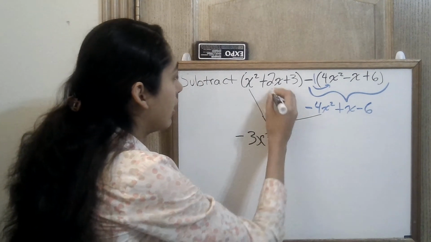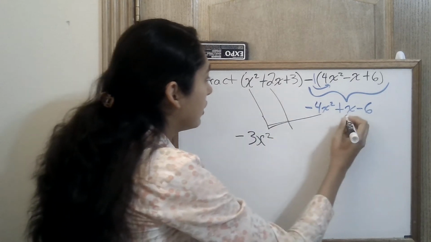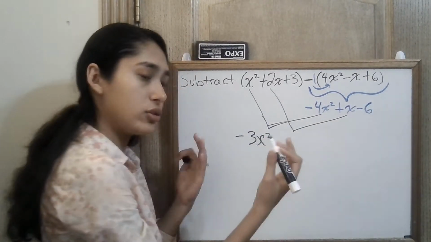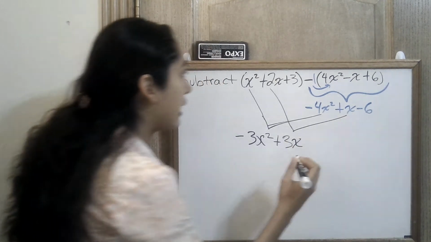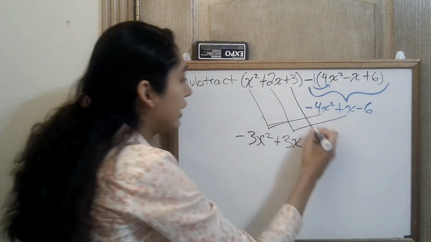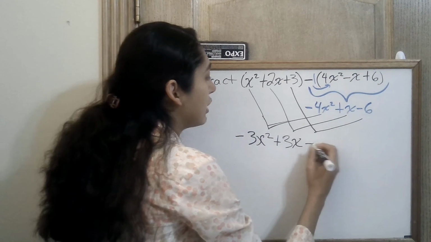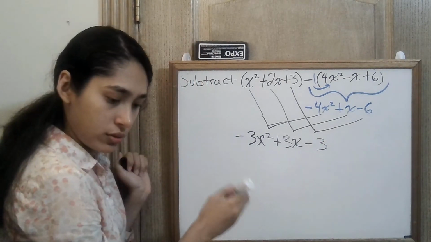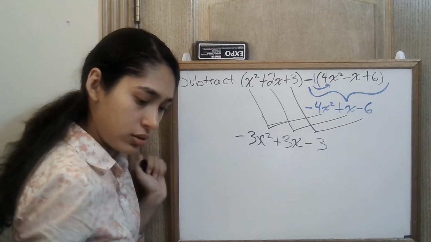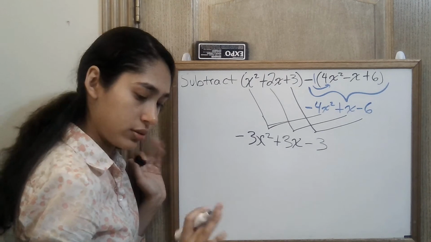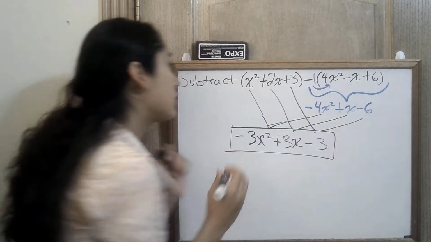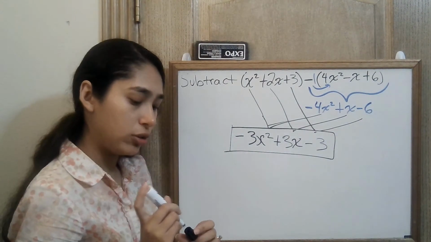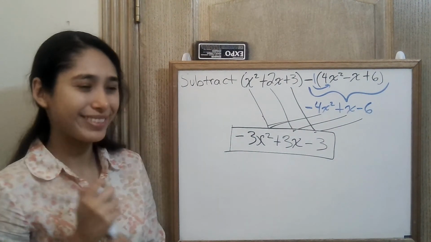And then we have 2x plus just x. That's 3x. Plus 3x. And then we have 3 minus 6, which is just going to be a minus 3. Okay, yes, we have properly subtracted these polynomials with one variable.